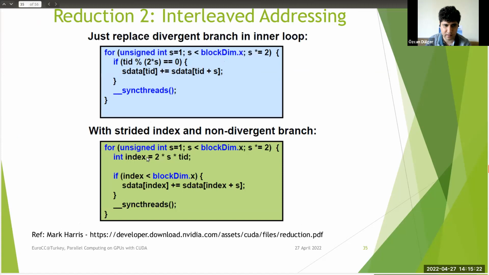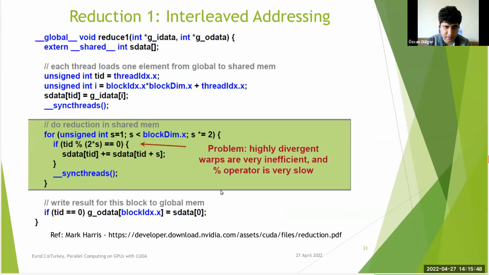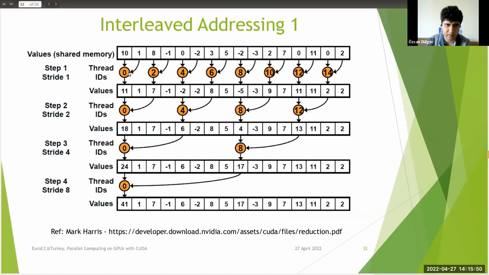Here there is a strided index. This index is based on s and the local thread ID. If the index is less than the number of threads in the block, do this operation. With this strided index operation, consecutive threads do the operation. In the previous one, not the consecutive ones were executed, but 0, 4, 8, 12.